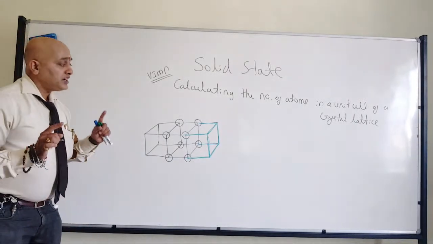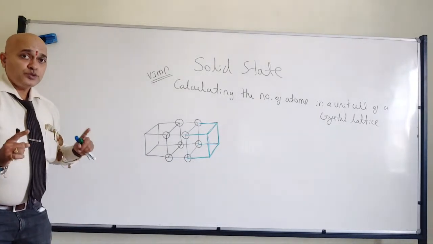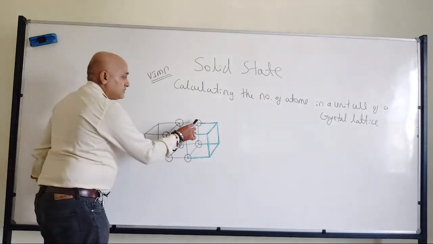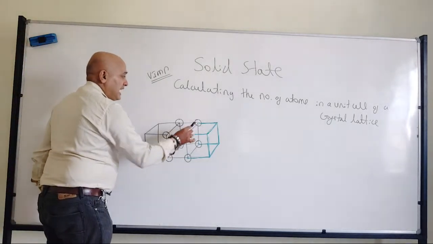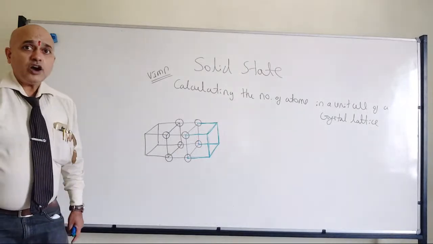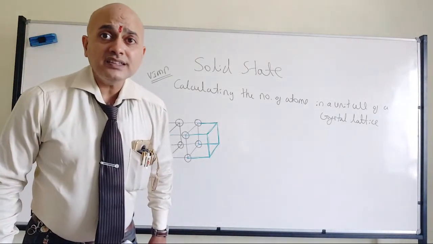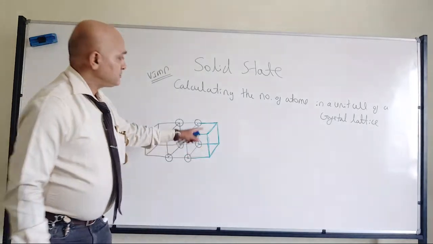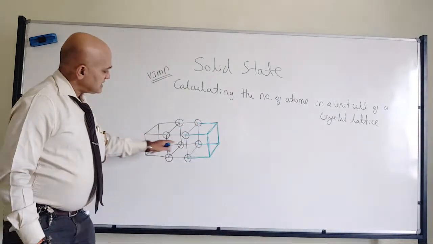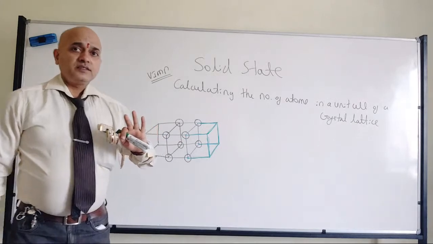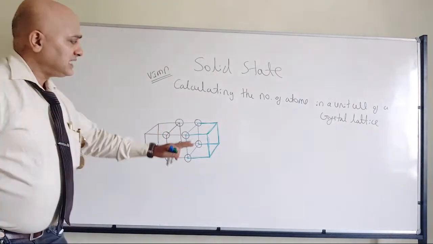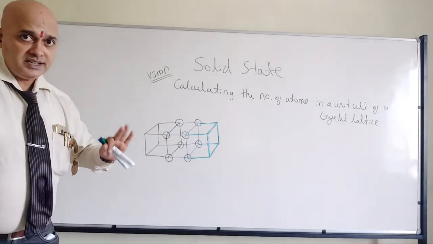Now you should tell me. This corner atom at present, how many unit cells are sharing this particular corner atom? Only in this diagram you can tell. Now at present I have represented 3 unit cells, right?